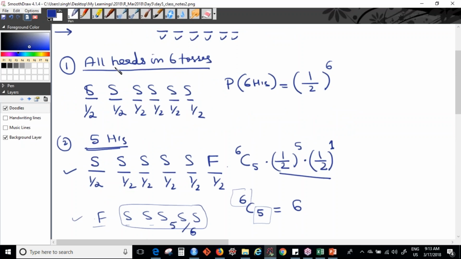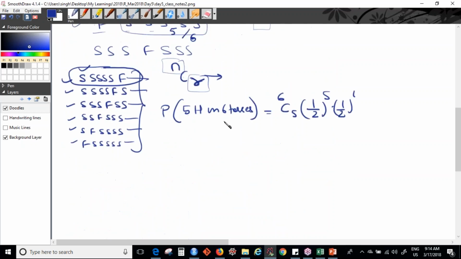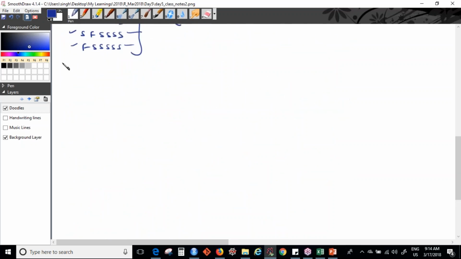So we have seen the probability of getting all heads, or 6 heads, when you toss a coin 6 times. You have seen the probability of getting 5 heads when you toss a coin 6 times. Now similarly, let's see one more situation. The probability of getting 4 heads in 6 tosses.